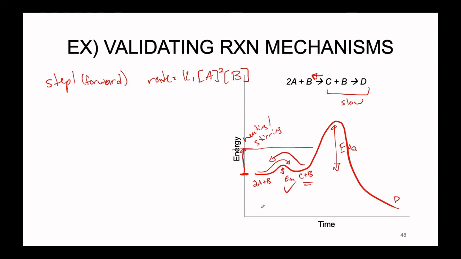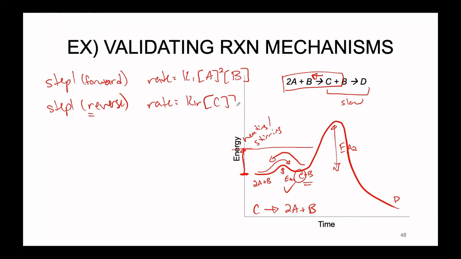So this reverse reaction has C breaking back down, C decomposing back into the initial reactants, 2A and B. The step 1 rate law expression in reverse is going to be rate equals k1, and I'm going to add a little r here for reverse, times the concentration of C. Ooh, two concentrations. Silly me. Let's erase that quick. Don't need a second bracket.